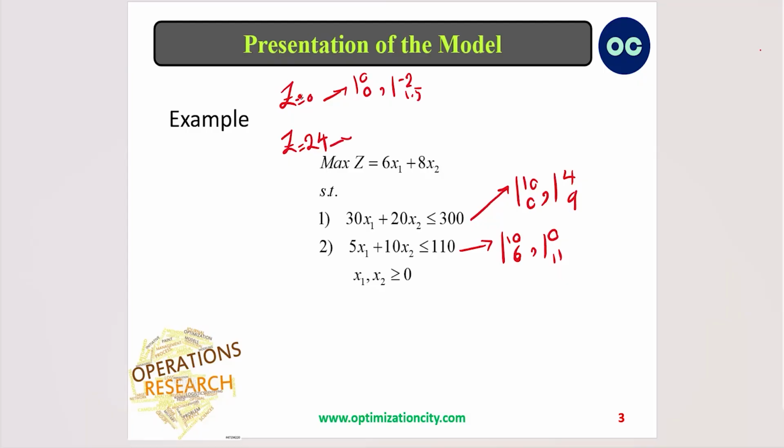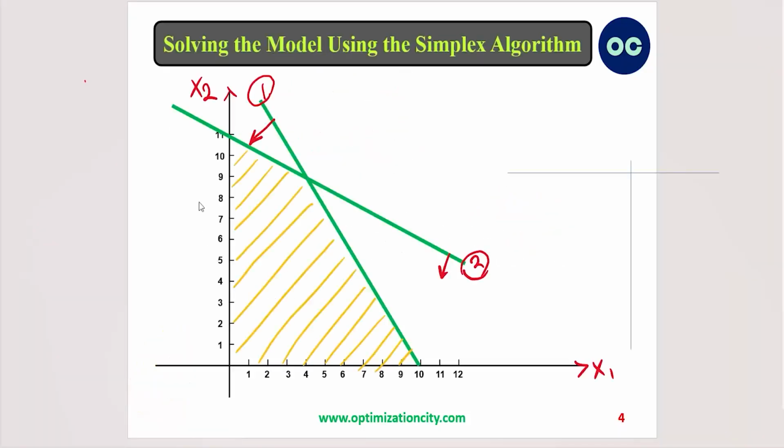If z is equal to 24, we have (4, 0) and (0, 3). Now we plot these two lines.